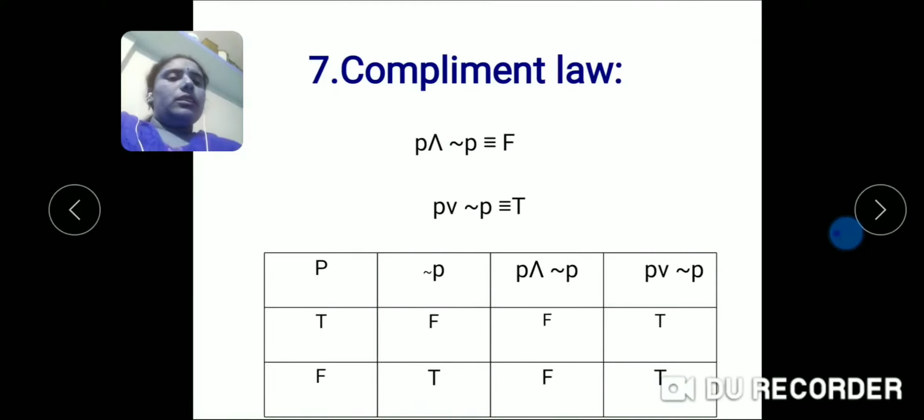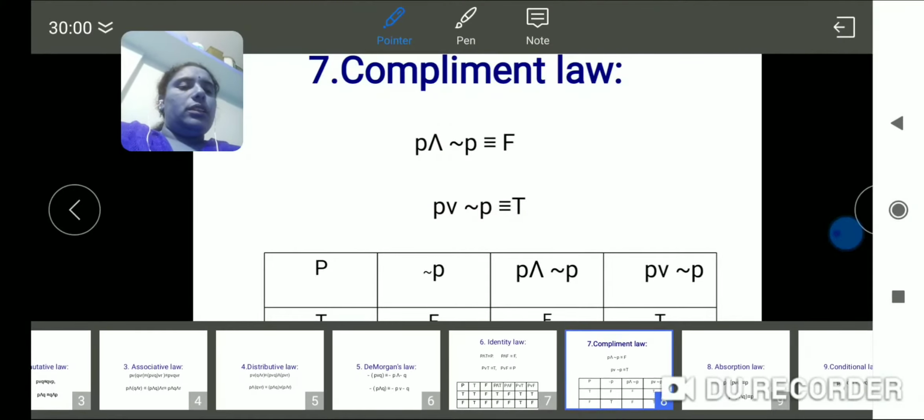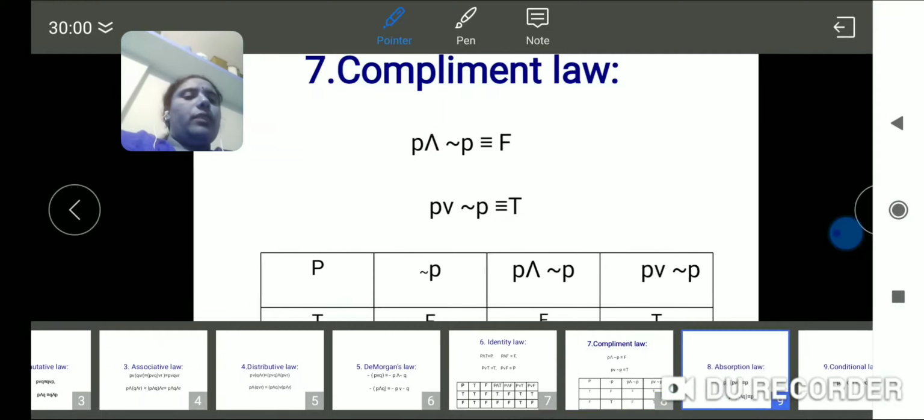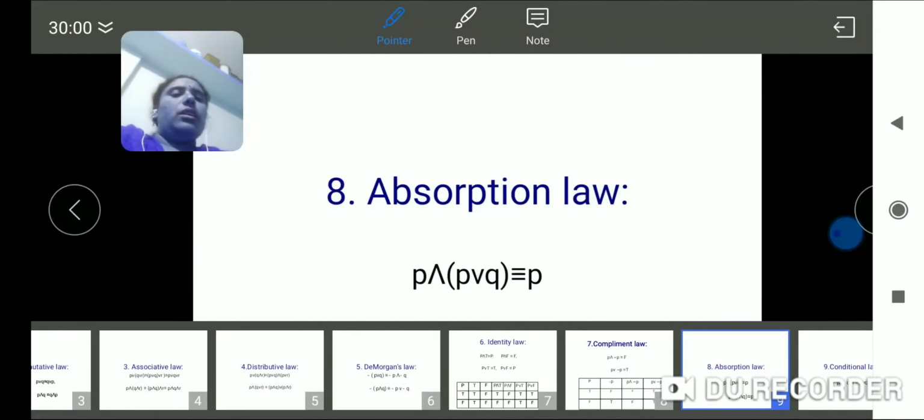This is the complement law. P and negation of P is logically equivalent to false, and P or negation of P is logically equivalent to true.